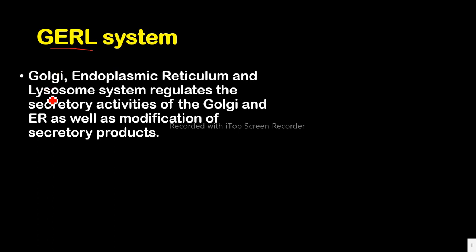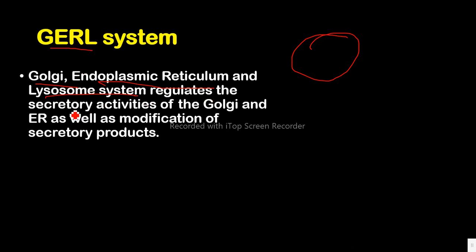Then we have the Golgi endoplasmic reticulum lysosome system. They are the ones which work within this system. The Golgi body, those sacs that are formed, that internal transport, it is all about these sacs.